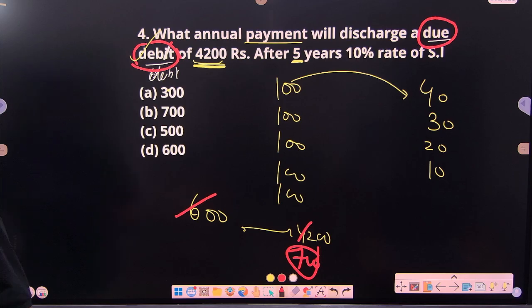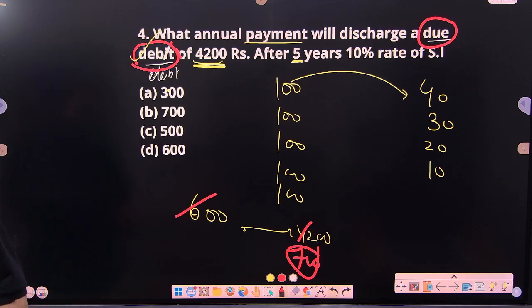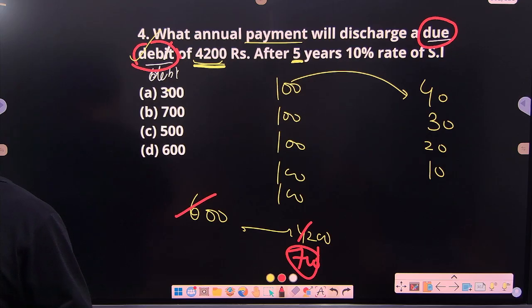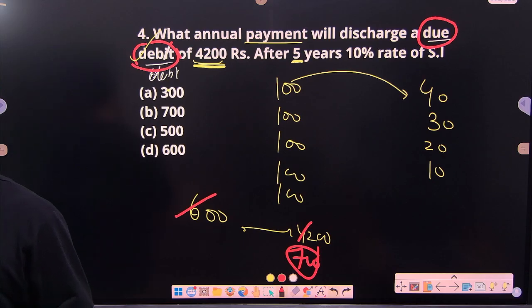But question number 1 is from the borrower side, and question number 4 we are observing from the lender side. So question number 4 and question number 1 are exactly the same question.